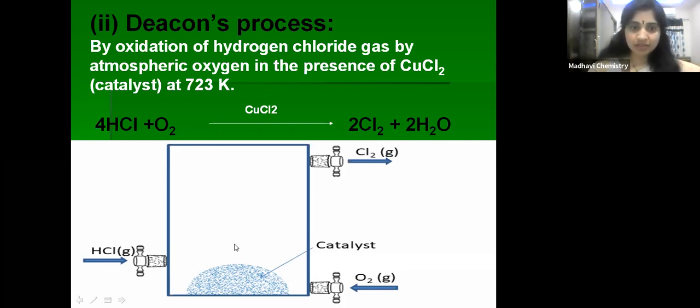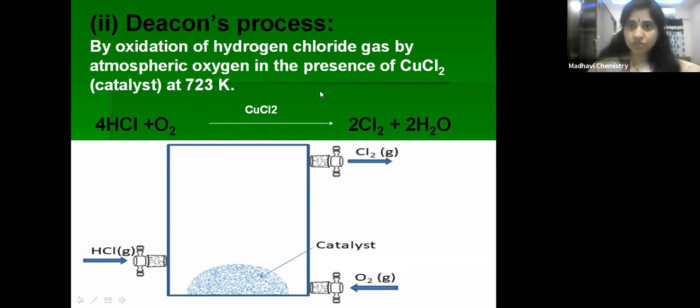You can see in this figure, this is the container. These are the two inlets. Through this inlet, HCl gas, hydrogen chloride gas, is passed, and through this inlet, oxygen gas is passed from the atmosphere. This is the catalyst, copper chloride, and this container is maintained at 723 Kelvin.